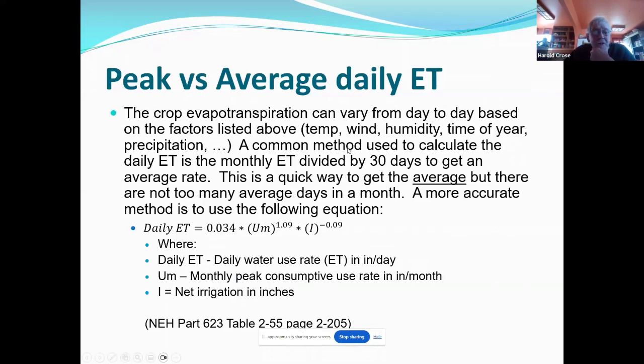Peak versus average. Again, I'm not going to go through all this, but there's a quick way to average, but there are too many average days in a month. The more accurate method is to use the following equation: your evapotranspiration times your monthly peak use times your net irrigation. These can be found again in the irrigation guide.